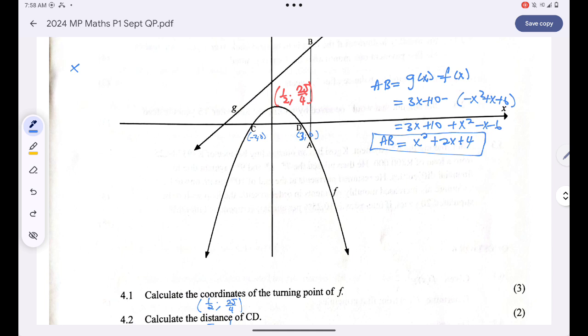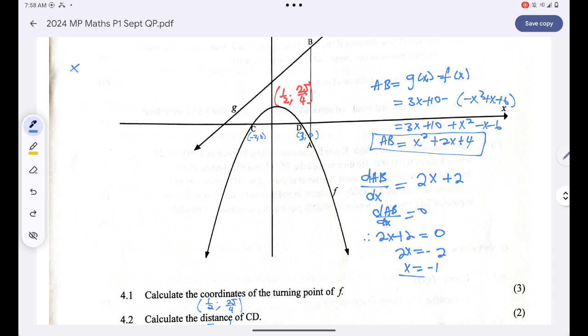So once I hear the term minimum or maximum, I just need to find the derivative, equate it to 0, and then solve for x. So I must differentiate the equation of my distance AB with respect to x. This will just give me 2x plus 2, and then I equate it to 0, so 2x plus 2 is equal to 0. 2x is equal to negative 2, then x is just equal to negative 1.